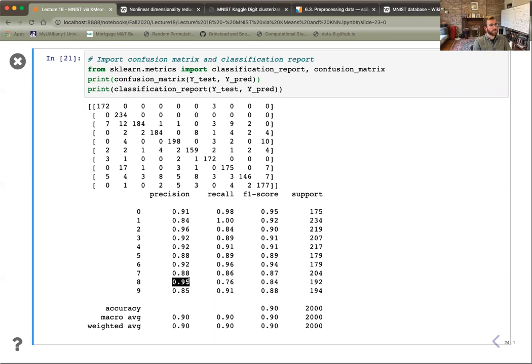Eights were pretty good. But our sevens and our fives each seem to give it some trouble. But again, the miracle of having labeled data is what helps drive these supervised learning techniques and their success, but also because we have a well-defined notion of success.